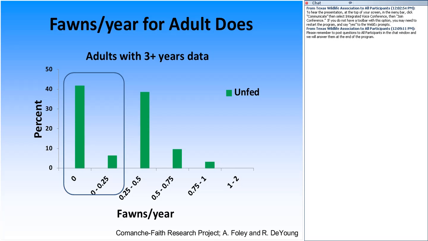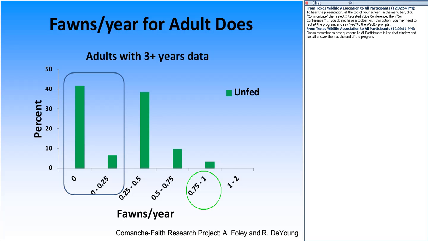And then if you look to the right, we've got a class of does that are more successful, maybe raise a fawn every other year, and up here at this class with 0.75 to 1 fawns per year, we've got a small proportion of does that really seem to know how to do it in that environment and raise fawns year after year.